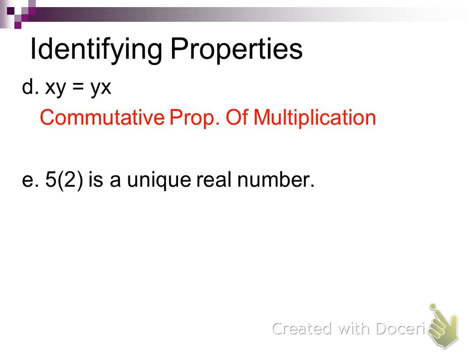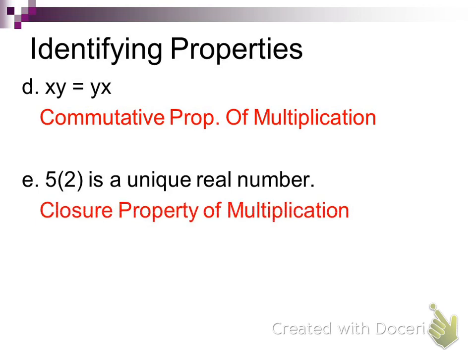All right, if you multiply 5 and 2, you'll get a unique real number. Closure property of multiplication. Closure property is the one that has the real numbers in it, okay?